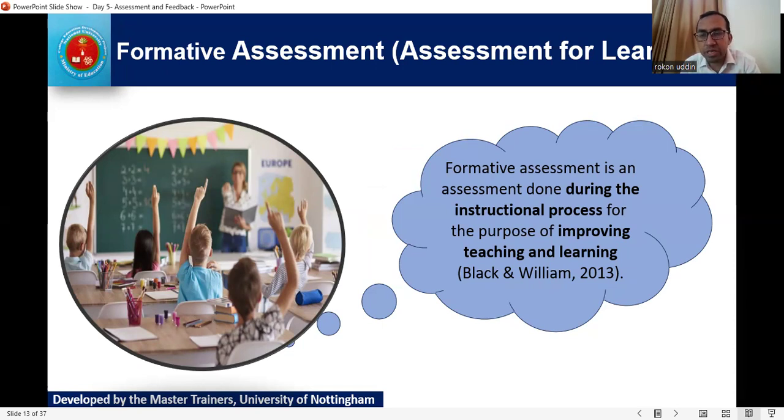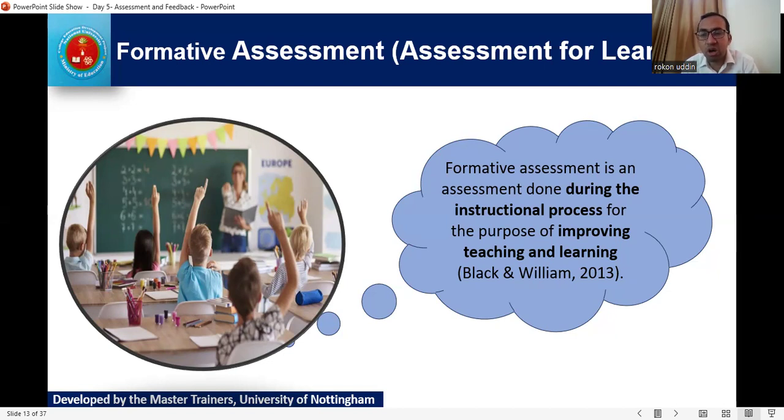While we give a lecture, from time to time, we can ask questions to our students. So here, asking questions is a kind of formative assessment. Or we can give our students a 1 minute paper, and we can assess the responses the students give in the 1 minute paper.